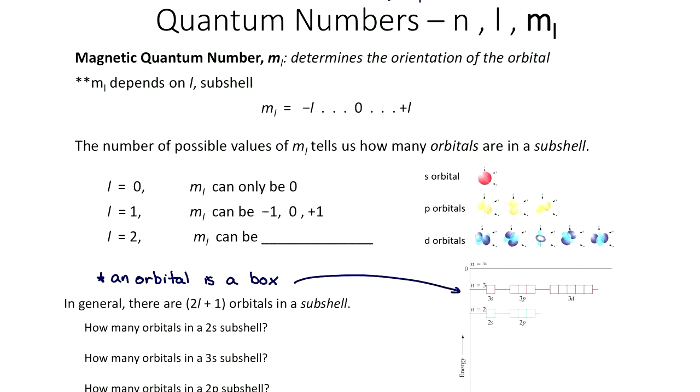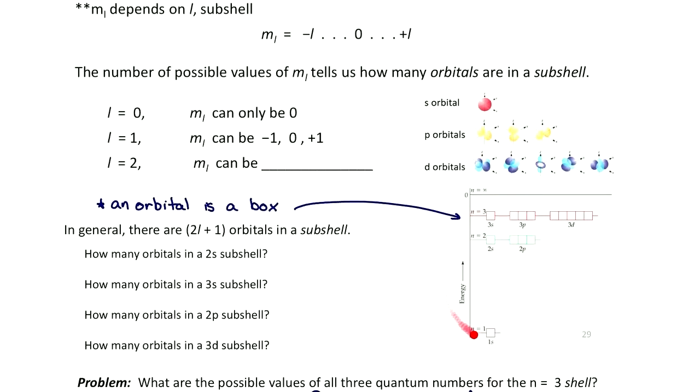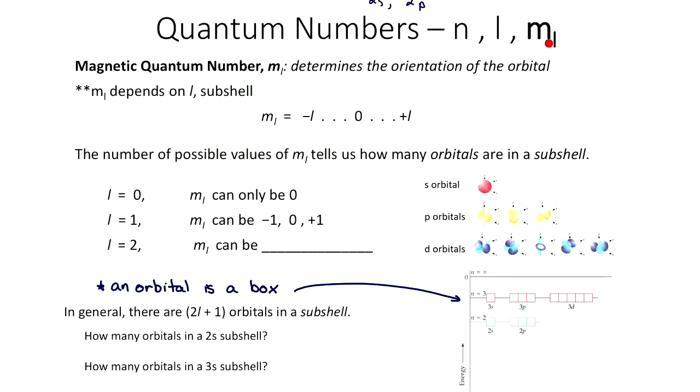If we look at this energy level diagram, one orbital, one m sub l value, is one box on this picture. In each of these boxes, we can put 2 electrons. So how we get from l to m sub l, this orientation, is the number of boxes inside each subshell. It's the number of orientations of that certain shape. Depending on what subshell you're in, that tells you how many orientations you can have.